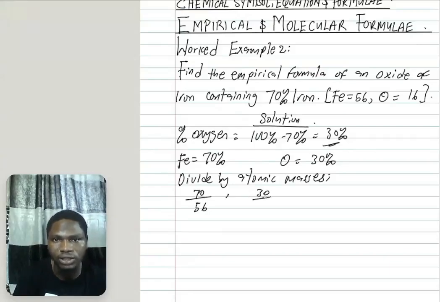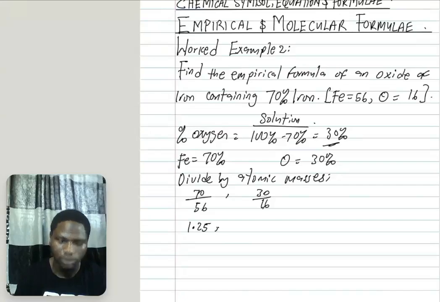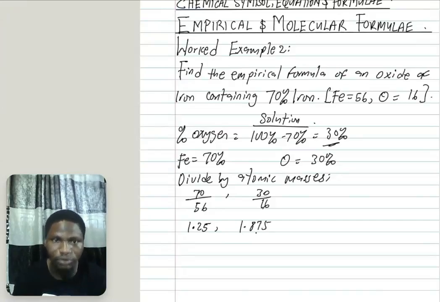Oxygen, that's 30 divided by 16. So 70 divided by 56, what would that give you? You have 1.25. 30 divided by 16, you have 1.875.